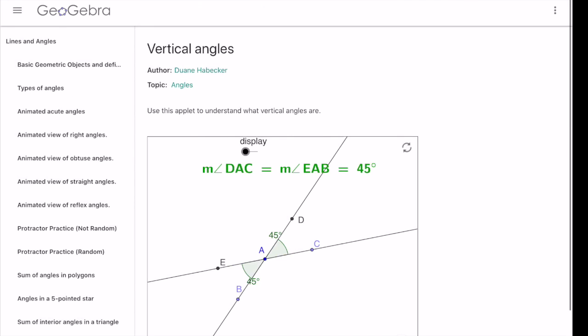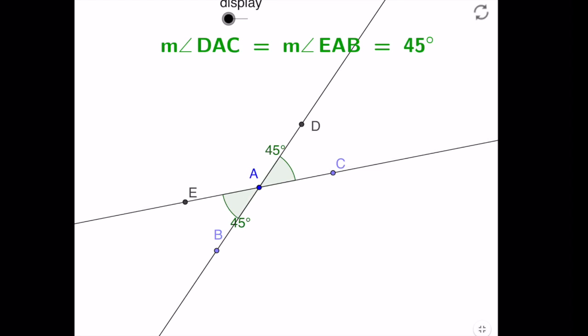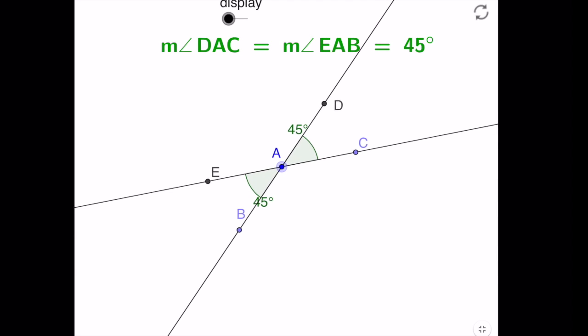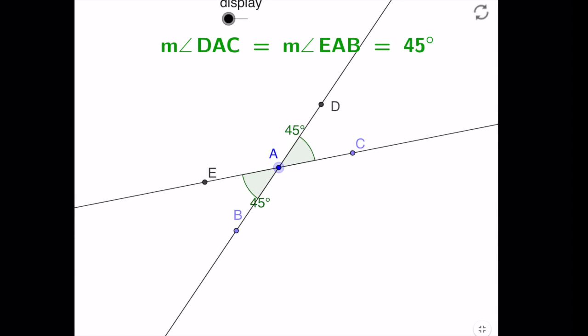Okay, so moving on, vertical angles. When you have two lines, in this case, they travel in both directions infinitely. So we have line CE and line BD, and they intersect at point A right here. Okay, when two lines intersect, something special happens. They form 4 different angles.